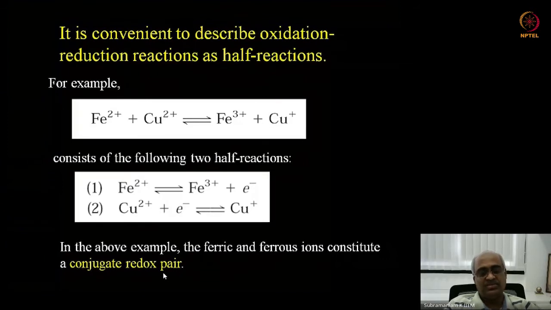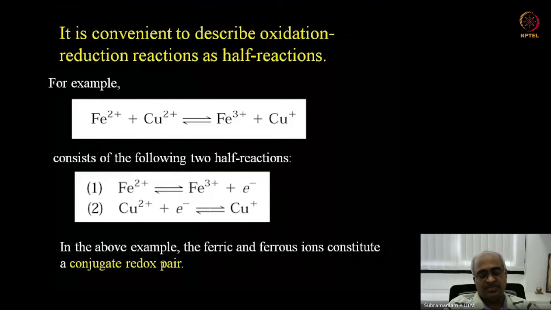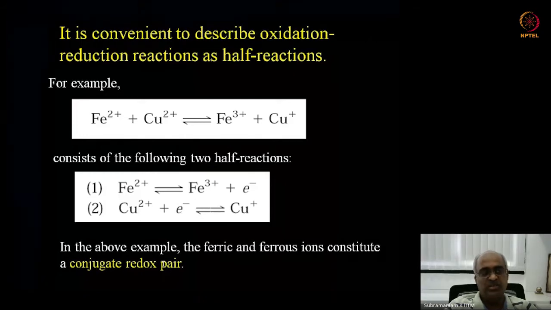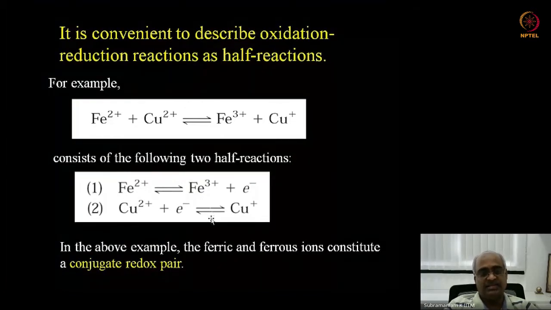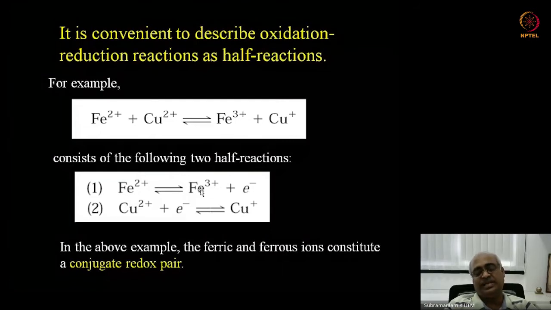In terms of the acid, we talk about the proton losing and proton accepting ability, and those two species form one conjugate acid-base pair. So do not confuse that with this. They are not identical. Here it is losing an electron.